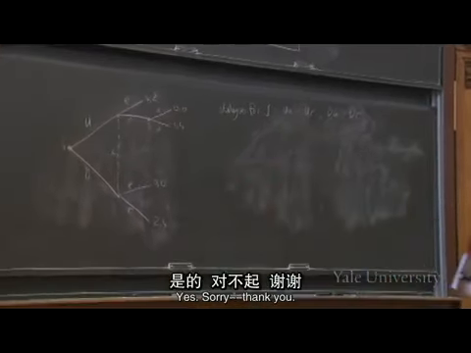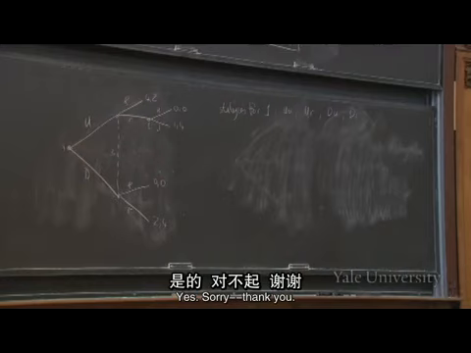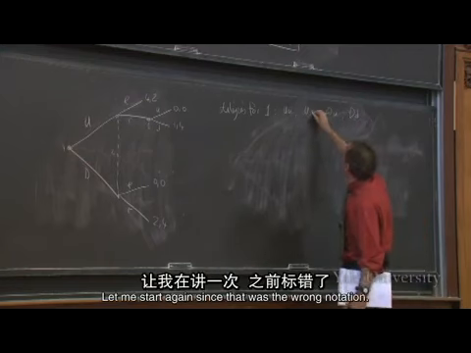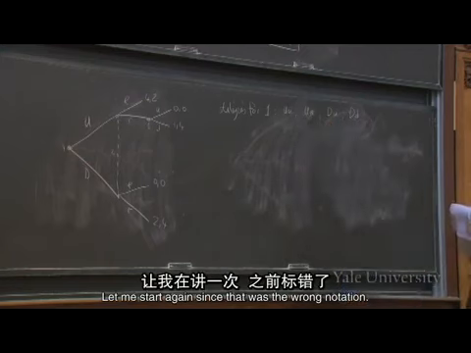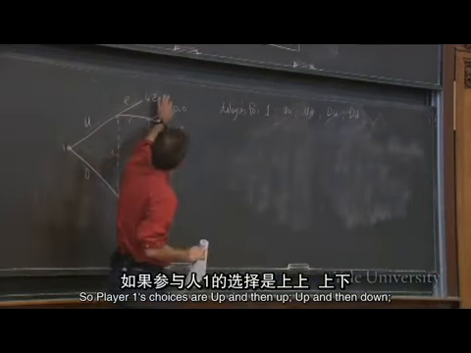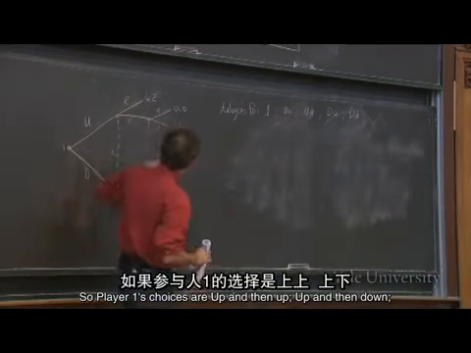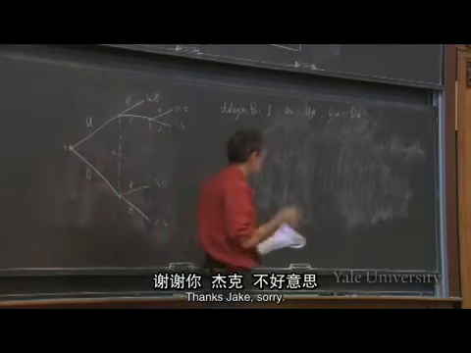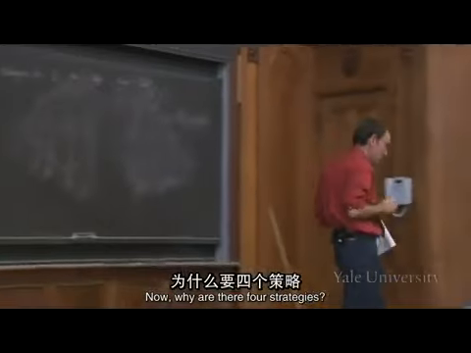Thanks, Jake. All right, let me start again since I did the wrong notation. So player 1's choices are up and then up, up and then down, down and then up, and down and then down. Sorry. All right.